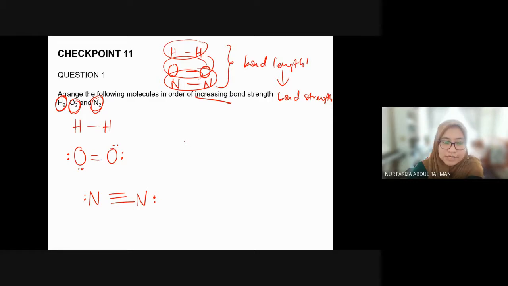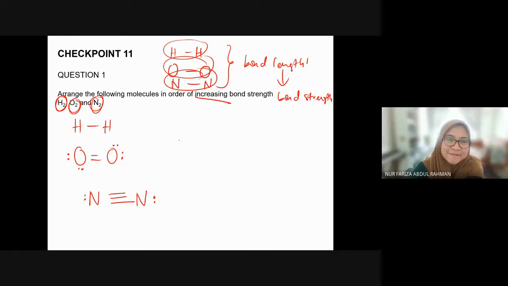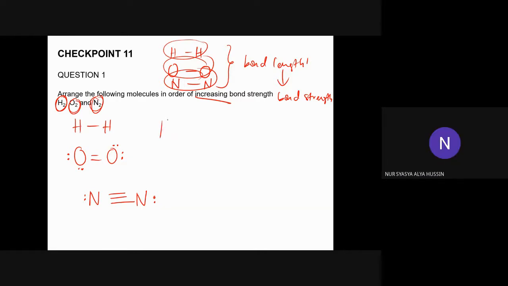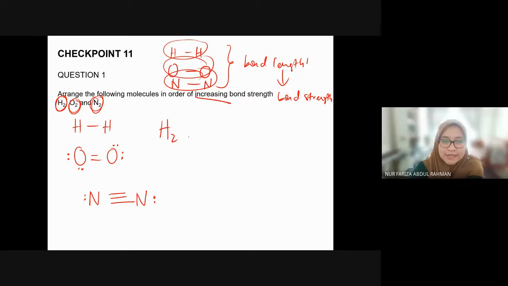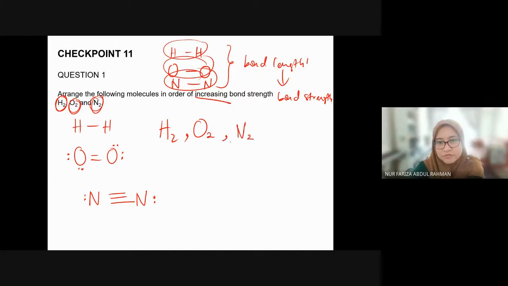So which one is the weakest guys? Single. Single siapa? H2. H2. Okay, followed by O2. And lastly, we have N2.